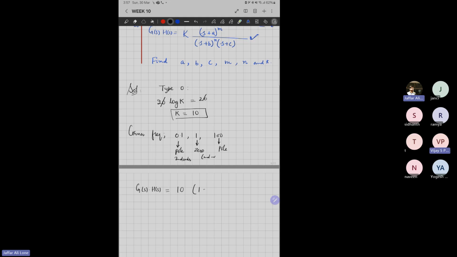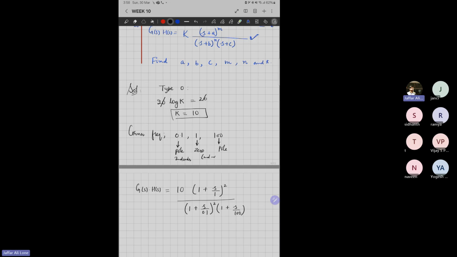So it will be 1 plus s divided by 1 raised to the power 2, because it's second order, divided by 1 plus s divided by 0.1 raised to the power 2, and then 1 plus s divided by 100.